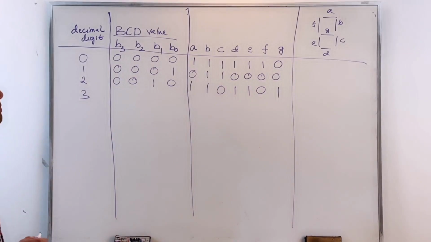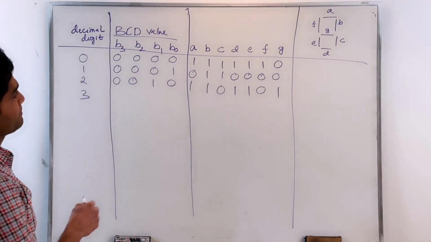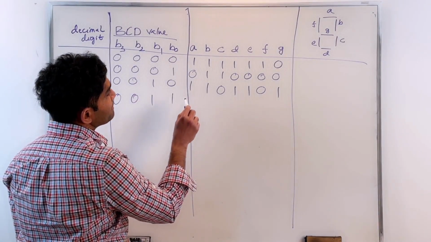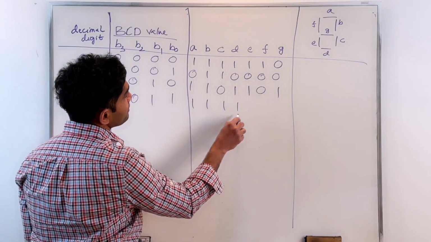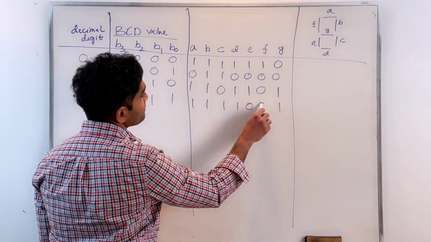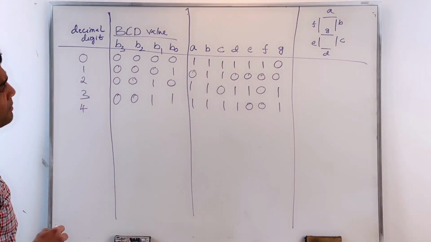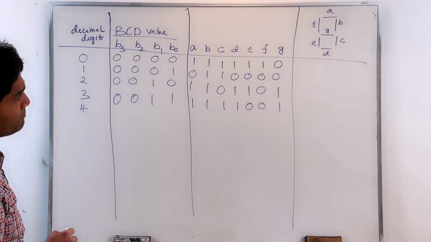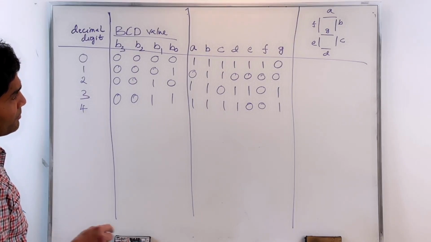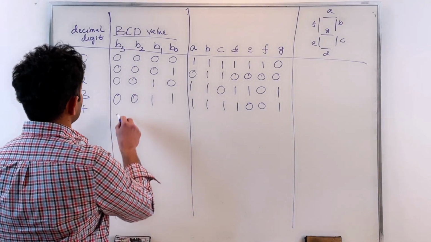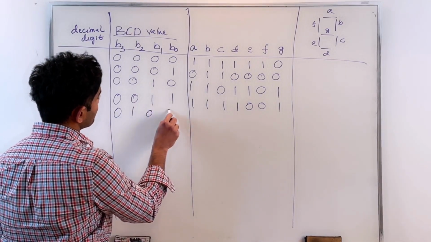3 would be A, B, C, D, and G, right? 4 is 0, 1, 0, 0.